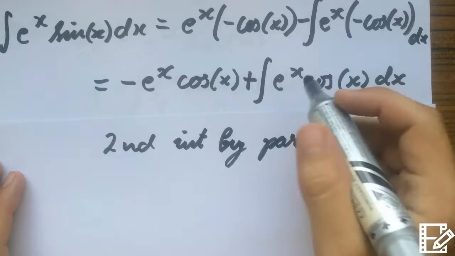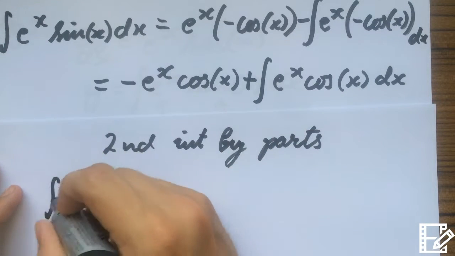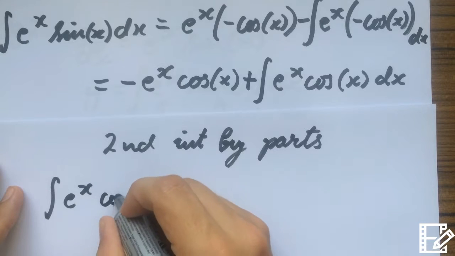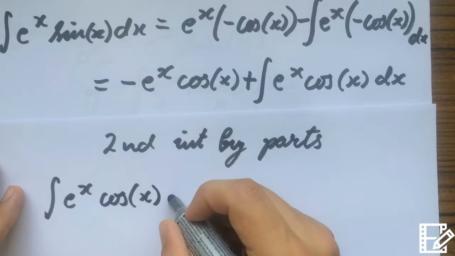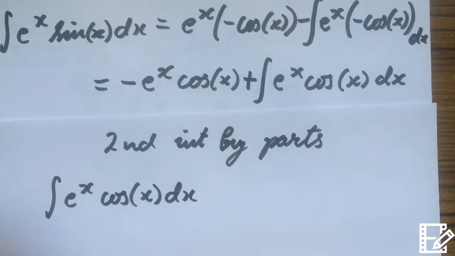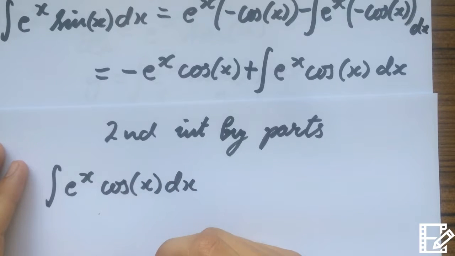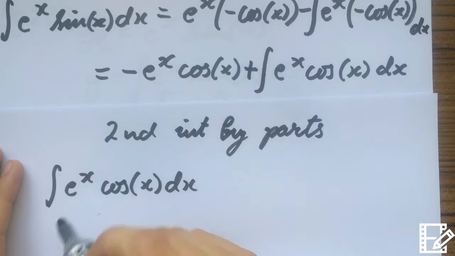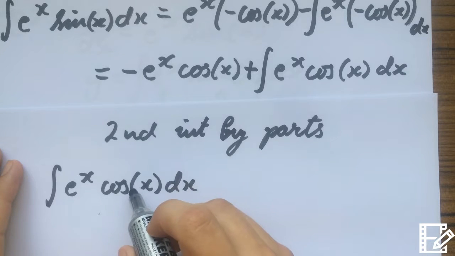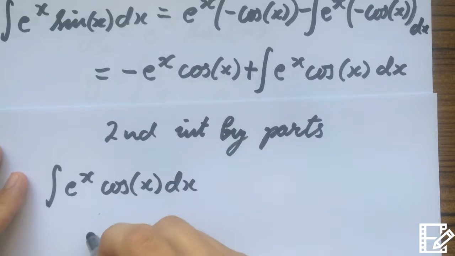We're looking for the integral of e to the x cos x dx. Well, now we're back to the beginning. We have to choose one of these to be a u and one of these to be a v dash. So I'm going to pick the e to the x again to be the u, and I'm going to pick the cos x to be the v dash.